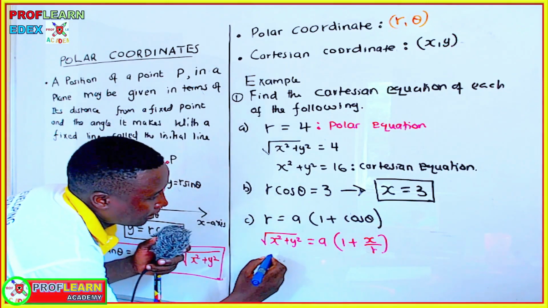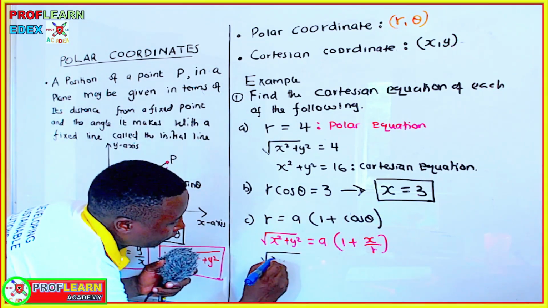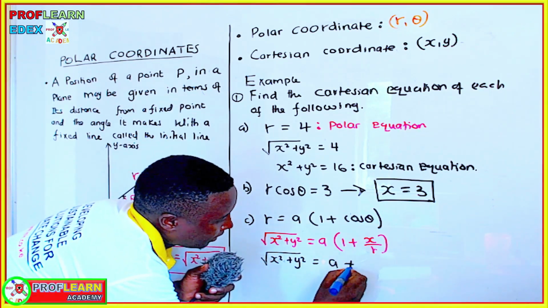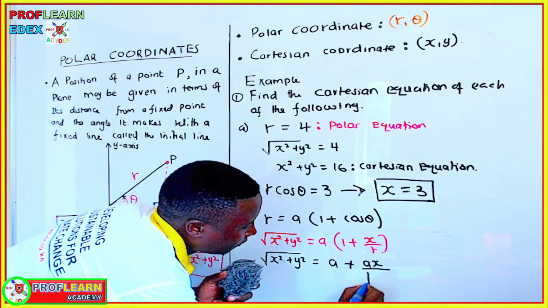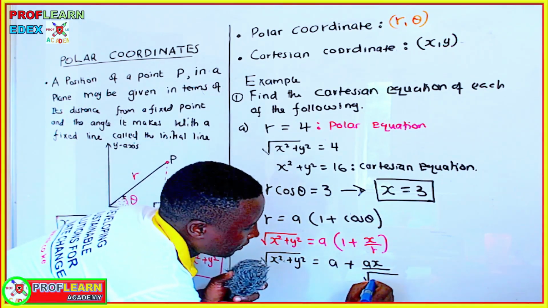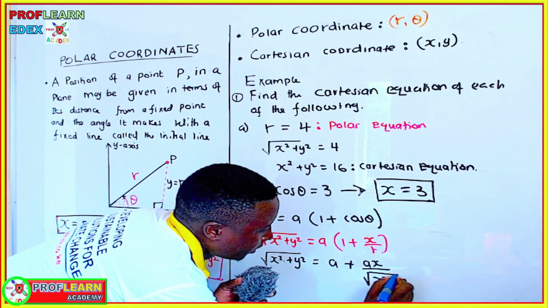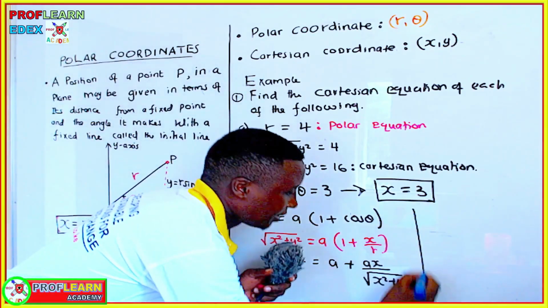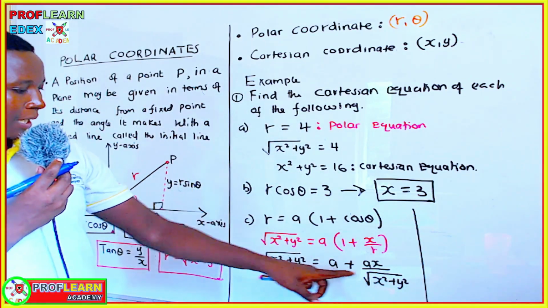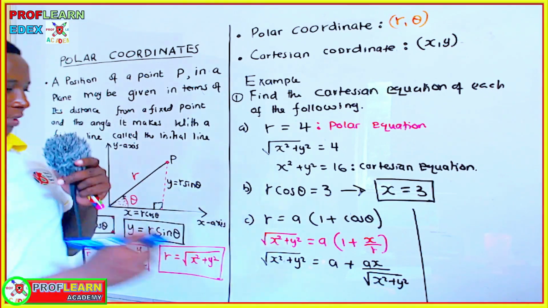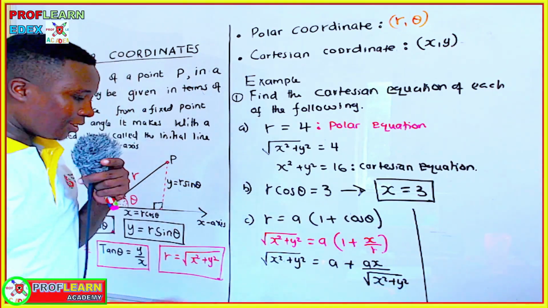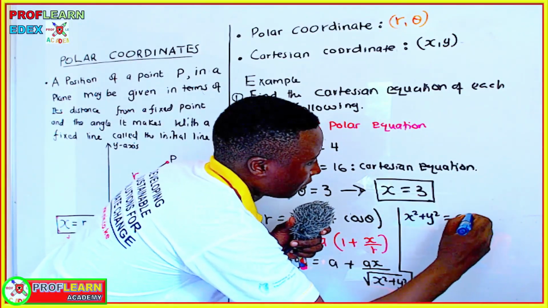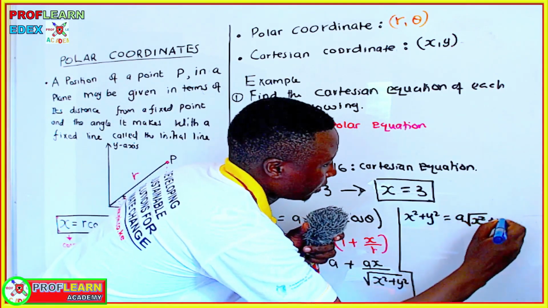We can now say again that this can be written as square root of x squared plus y squared equals a plus ax over root x squared plus y squared, because we know what r is. The next thing I'm going to do is multiply all through by the square root and its content, x squared plus y squared, equals a root x squared plus y squared.